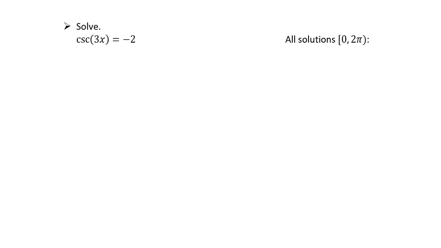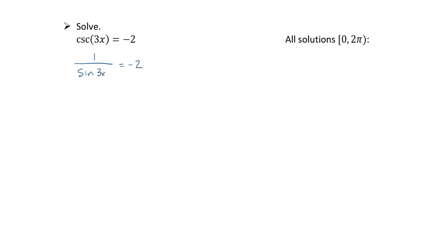Solve cosecant of 3x equals -2. This is another multiple angle. So we also have this cosecant. We need to change it to be in terms of sine. So cosecant of 3x is the same as 1 over the sine of 3x.